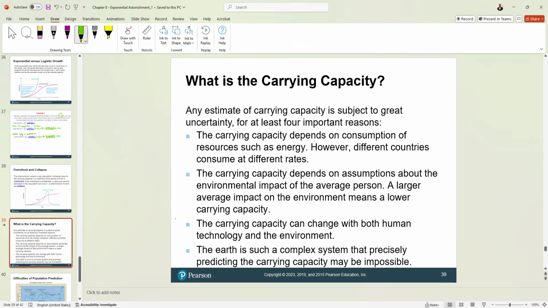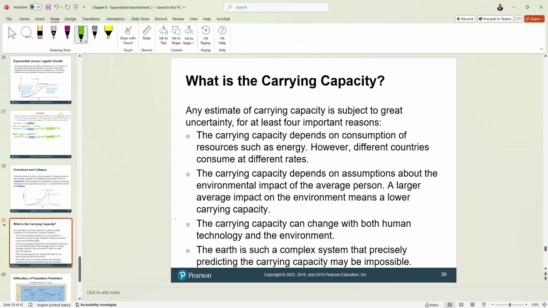Logistic growth means a sustainable future population, while overshoot and collapse might mean the end of our civilization. We don't want this to happen, right? So the most fundamental questions about population growth, therefore, concern the carrying capacity.